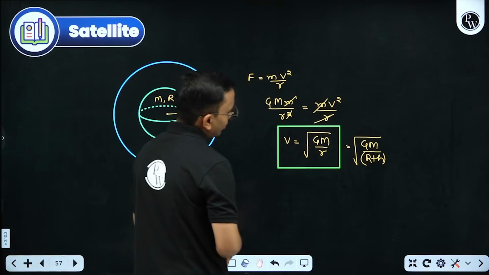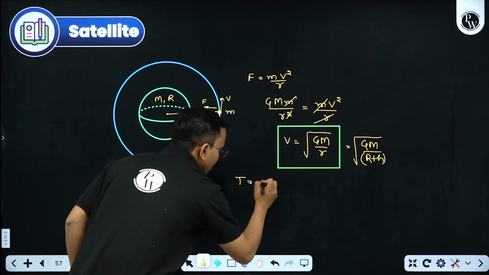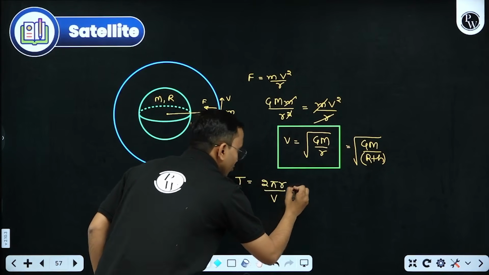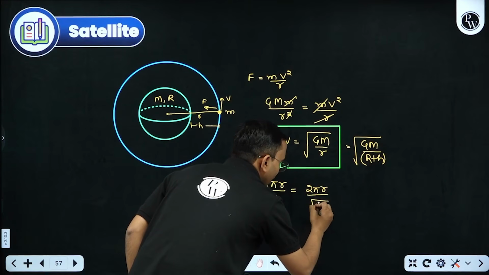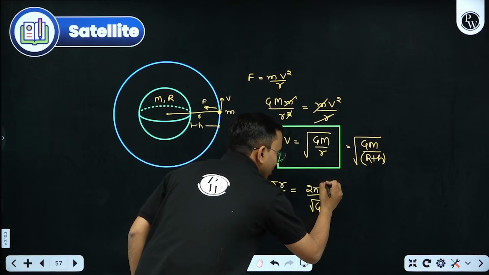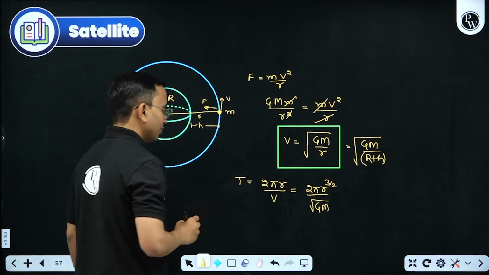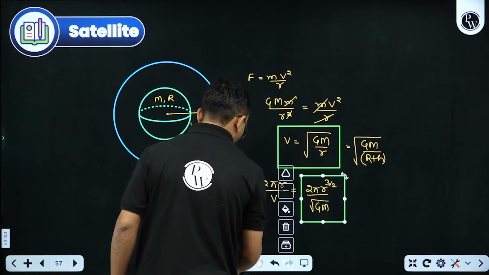Now let us write time period. So time period we know, that is 2 pi r by v. So 2 pi r by v, where v is root GM by r. So in the numerator it will become r to the power 3 by 2. So we got the time period relation as 2 pi r to the power 3 by 2 over root GM, and this relation is also important.